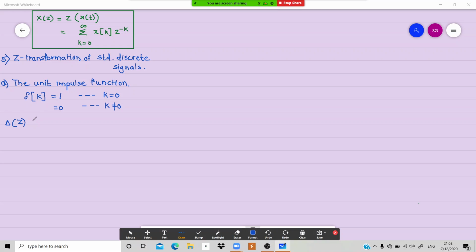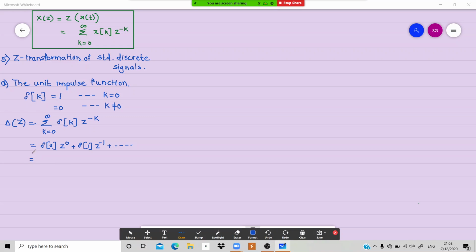So delta z is equal to, we are going by the definition, summation k equal to 0 to infinity delta k, because your signal is this now, and instead of x k it is actually delta k z raised to minus k. Correct? Now if we will expand this, you are going to have delta 0 z raised to 0, plus delta 1 z raised to minus 1, plus delta 2 z raised to minus 2, and so on.